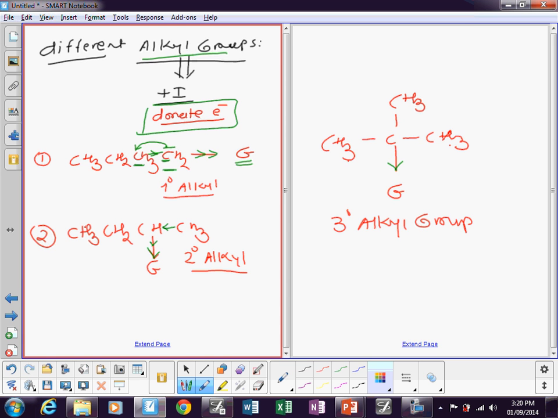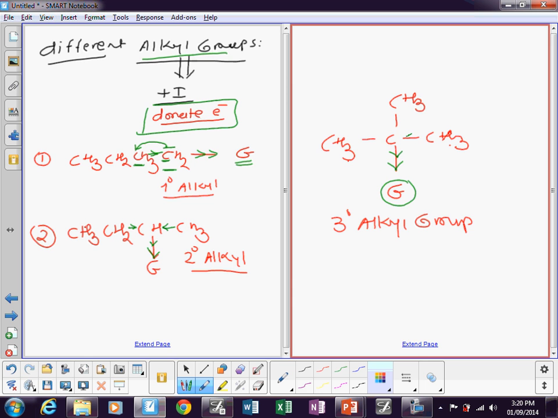This one also can support to give the electron, and this one also can support to give the electron. And in case of tertiary, since it is donating electron to its neighboring group, it has 3 neighboring carbons which can support to give the electron to the group, because there are 3 attached next to it. How many are attached over here? 3. You can see 1, 2, and 3 carbon atoms.